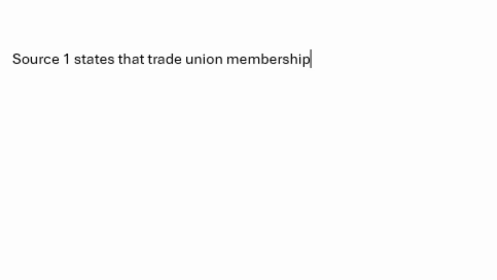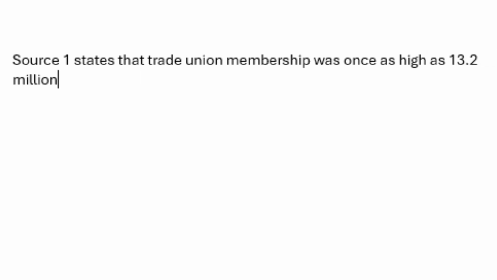So I'm going to start by writing just here, and I'm going to start with: source 1 states that trade union membership was once as high as 13.2 million.